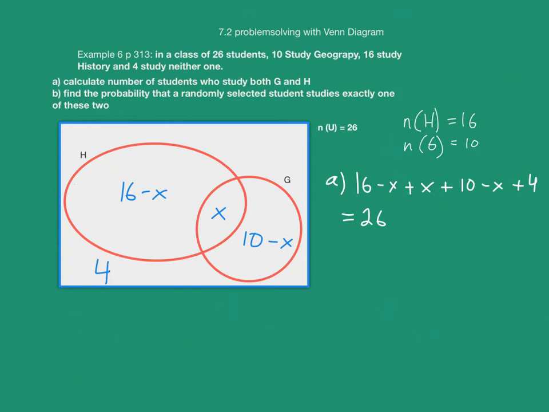And what we could do then is, minus x plus x, that just falls away, right?